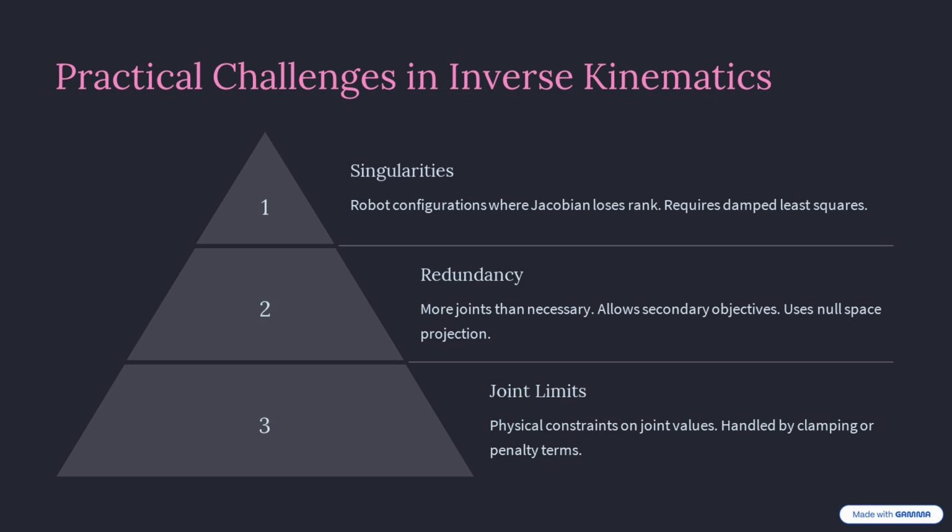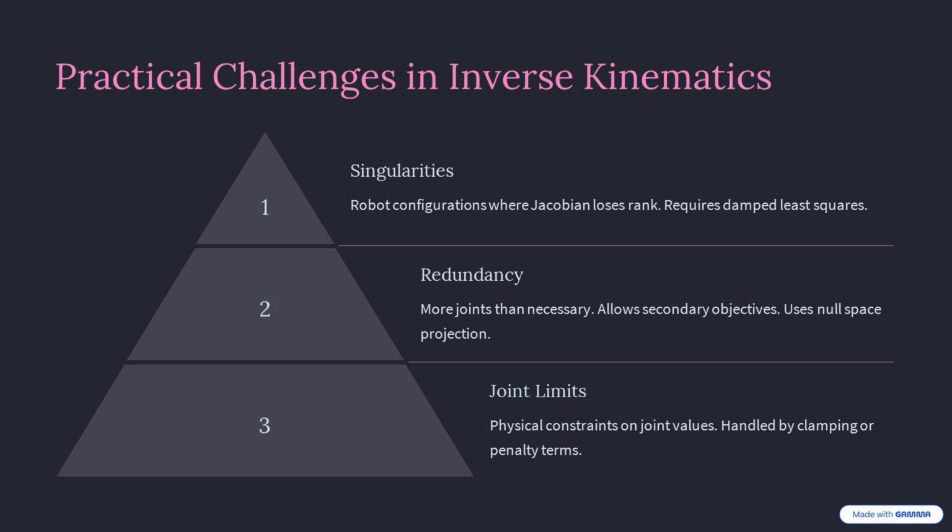Another issue is redundancy, which occurs when a robot has more joints than strictly necessary to reach any given pose. Redundancy can be an advantage, as it allows us to optimize secondary objectives such as avoiding obstacles, minimizing energy use, or staying away from joint limits.